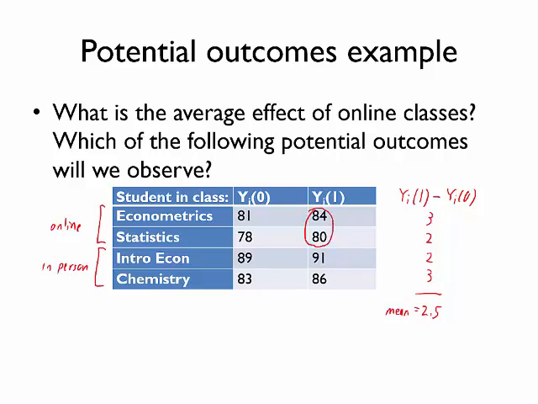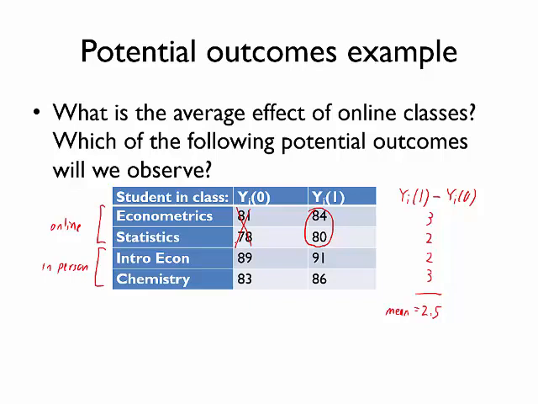We're going to observe the grades of students in those classes, and those should match the potential outcomes of the students had they taken the online class, which of course they did. But we're not going to know their potential outcomes had they taken the in-person class. We could ask how well they would have done, but in practice we're never going to know because they didn't take that class.